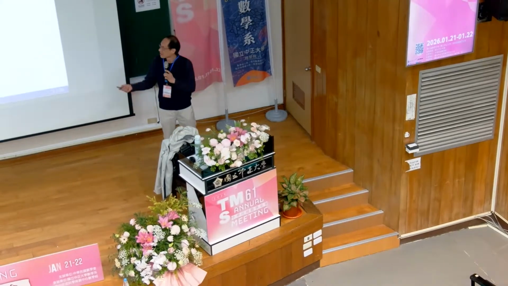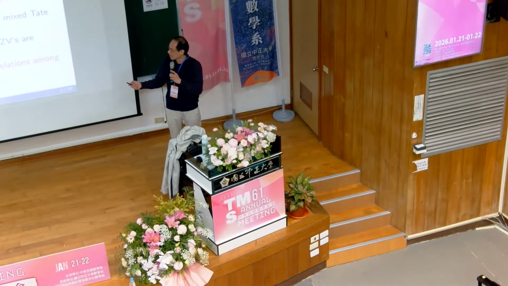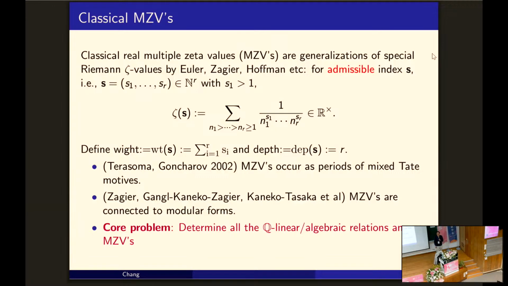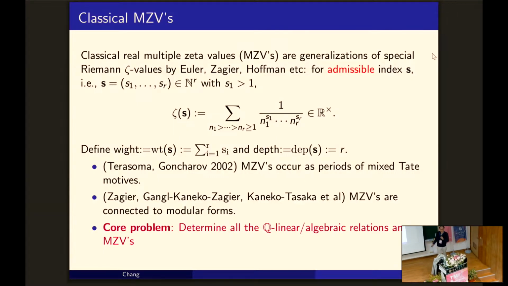At the beginning, I would like to briefly talk about the classical theory of multiple zeta values, abbreviated as MZVs. They are a generalization of special values of the single Riemann zeta function. We consider the admissible index, which is a tuple of positive integers.